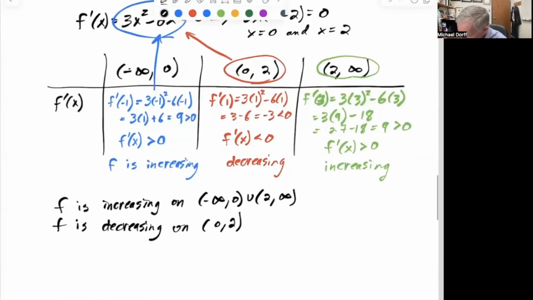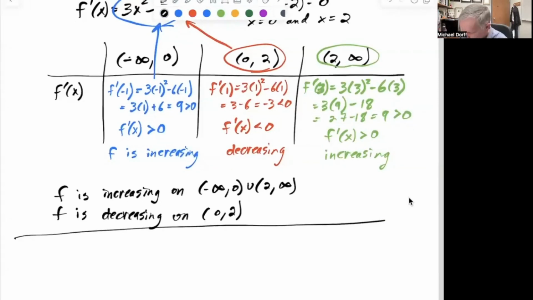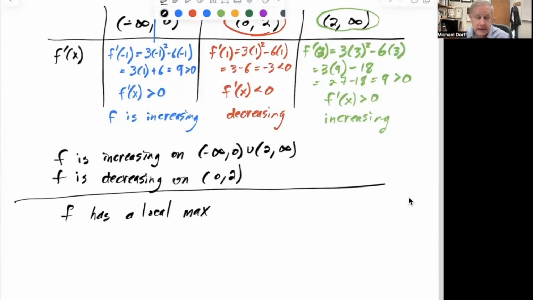All right. Next, we're going to find out: does the function have a local max and min? To find out where f has a local max, we can use either of the two approaches that we talked about before. So let's use the first technique. We've already figured out where it's increasing and decreasing. That allows us to use that technique a little bit easier than the second approach.